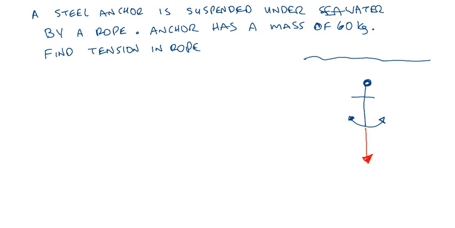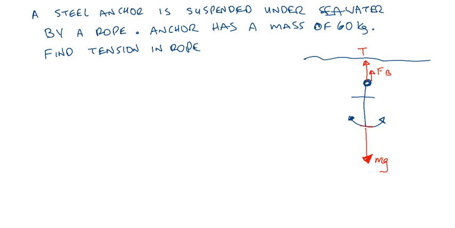Gravity is trying to pull that anchor to the bottom of the ocean. I've got a rope, we'll call that T, and then I've also got this buoyant force that helps push it up. There are three forces on the anchor. Gravity is pulling down, the rope is pulling up, the buoyant force is pushing up, right?